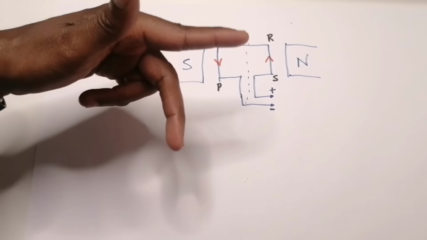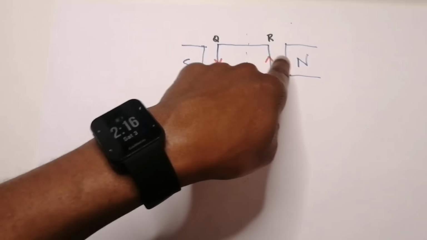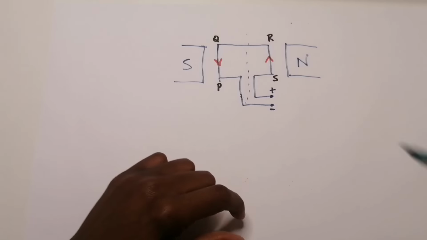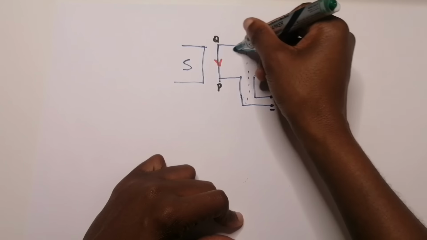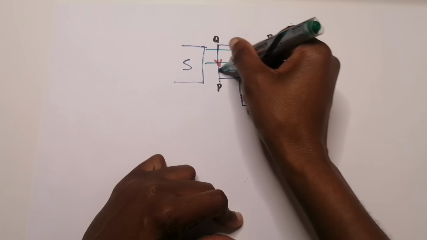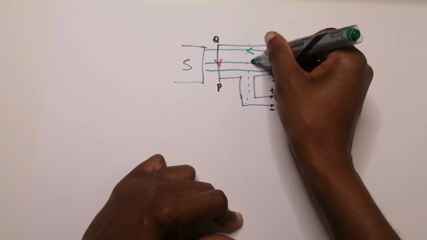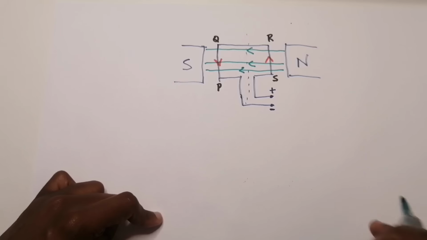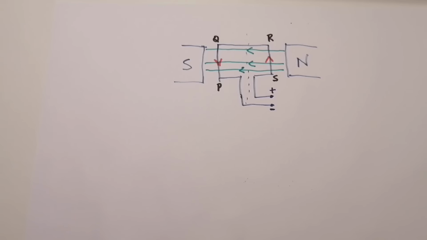My current is going down, but my field, where is it going? North to south. That's why I wanted you not to think that your north will always be on the left. In this case, where's my field going? In that direction. There's the direction of my magnetic field.